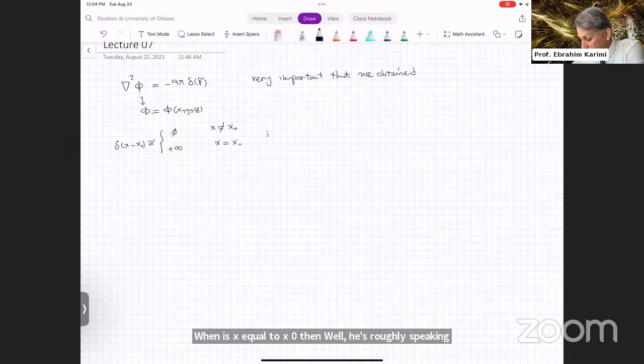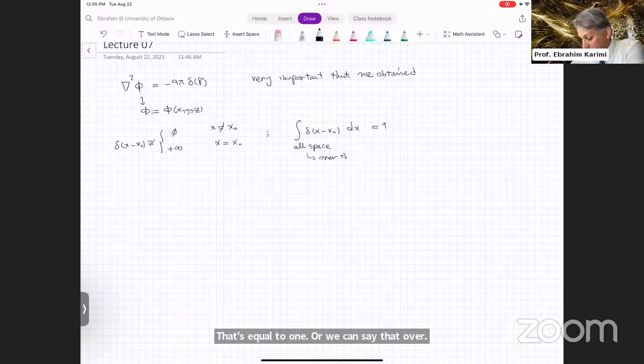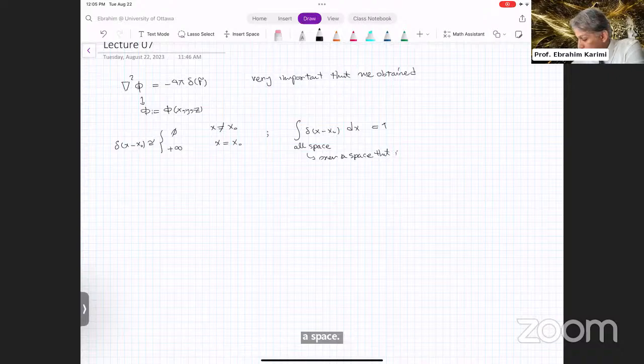The property that completes it is that the integral of delta of x minus x0 dx over all space is equal to 1, or over a space that includes x0.